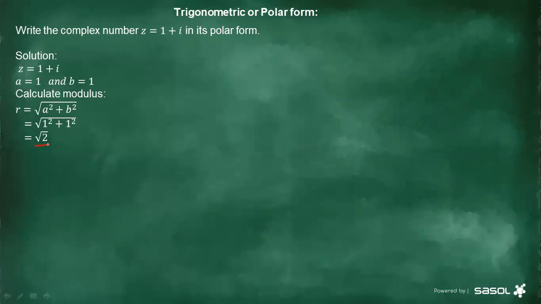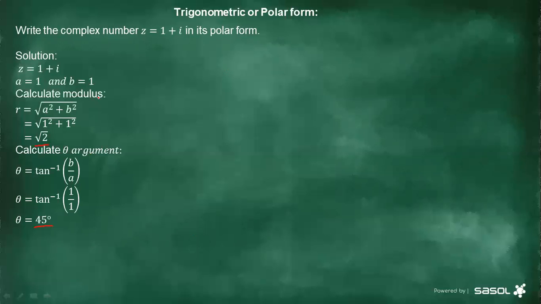After determining the modulus, you determine the argument. That's step number 2. And then remember, for you to be able to determine the argument, we need to know which quadrant, right? And then this is going to be the formula. Then you substitute the values, and then the answer is going to be 45 degrees.